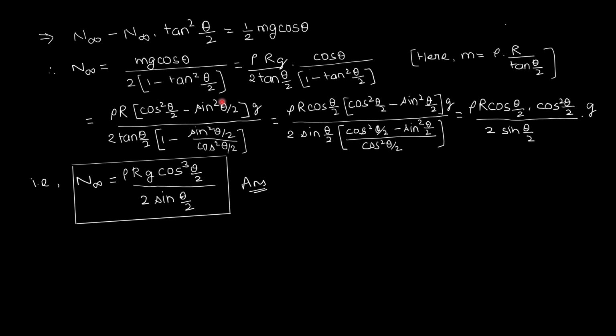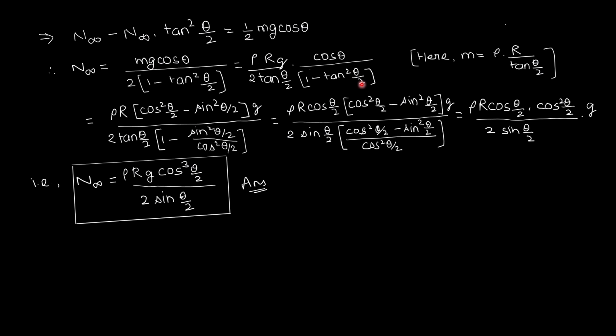Now, if we put the value of m, the mass of the stick, which is equal to rho into r by tan theta by 2, then N infinity would be rho into r into g divided by 2 into tan theta by 2, into cos theta by 1 minus tan square theta by 2.